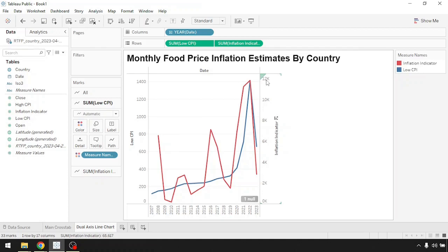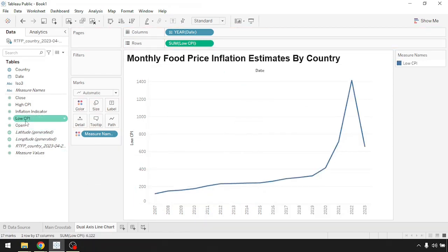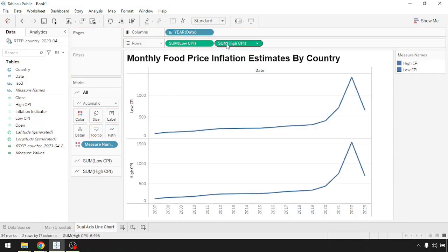However, it's still a good way to look at the trend of both of the variables on the same axis. But again, it will be more effective to bring on two variables that have at least similar, or if not similar, close distribution, as in this case, high CPI with low CPI.